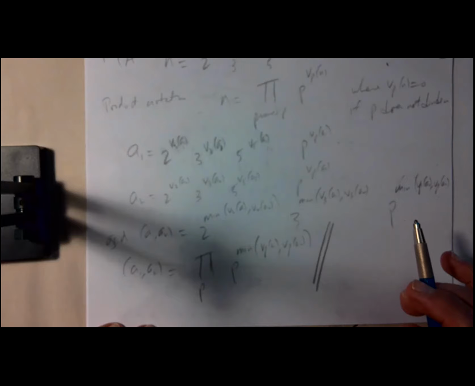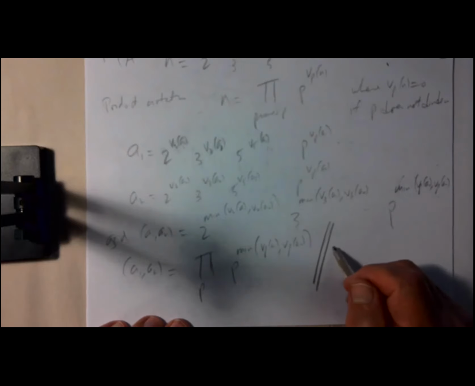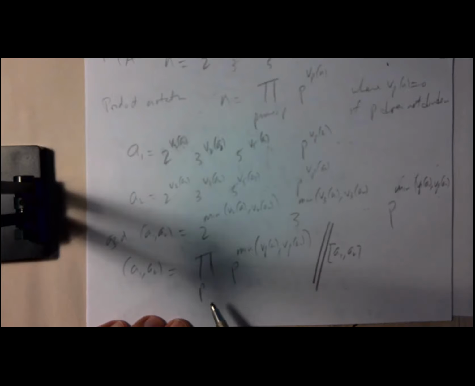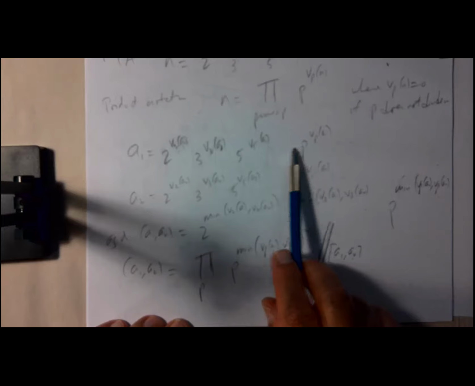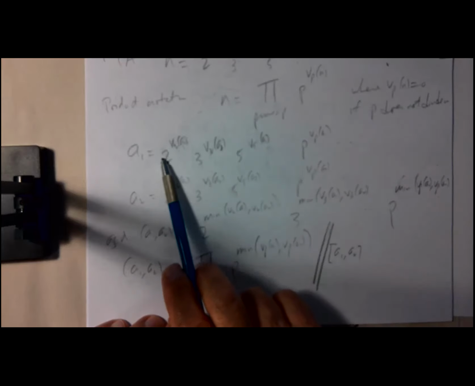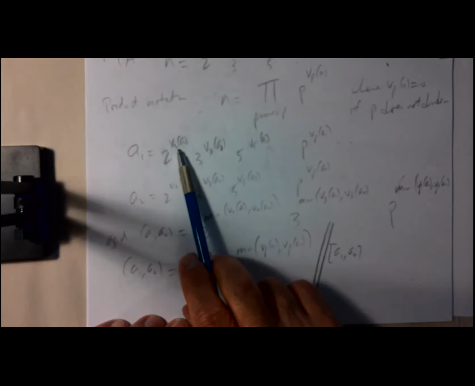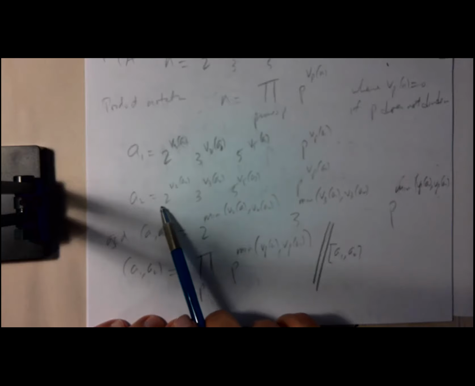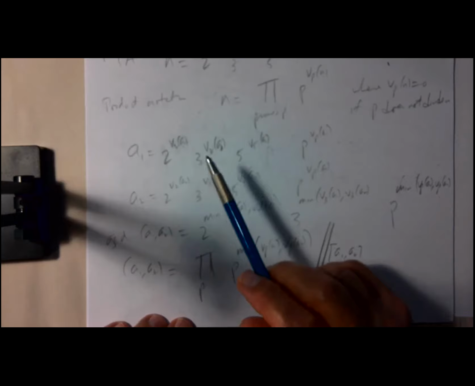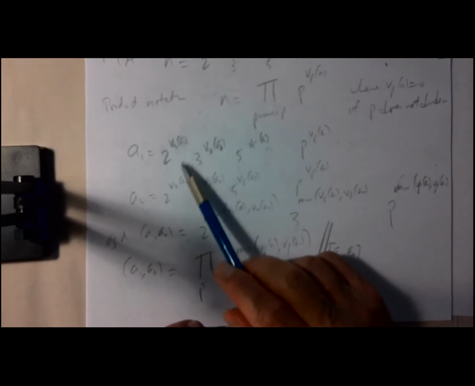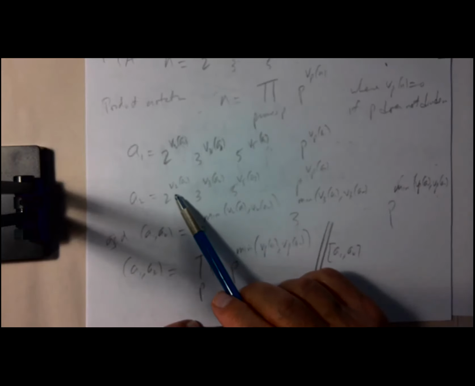If we think hard about this, we can see there's a similar kind of formula for the least common multiple of A1 and A2. Because if a number is divisible by A1, it's divisible by this product. So it's divisible by 2 to this power. It's also divisible by 2 to this power, which means it has to be divisible by the larger of these two numbers or anything bigger.